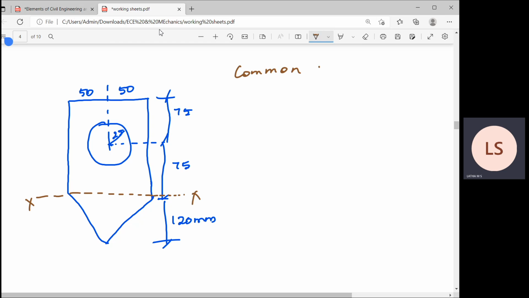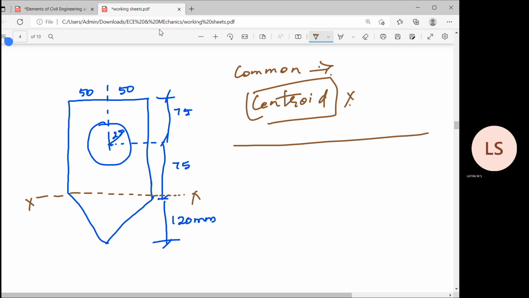They directly ask to calculate the moment of inertia about the centroidal axis. That is a common problem. But in a problem wherein they have defined the x-axis and asked us to calculate the moment of inertia, then straight away we can go to the calculation of moment of inertia. No need of calculating the centroid. Centroid calculation is not required here. So how to solve such a problem?